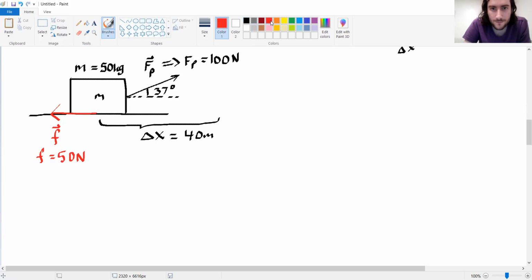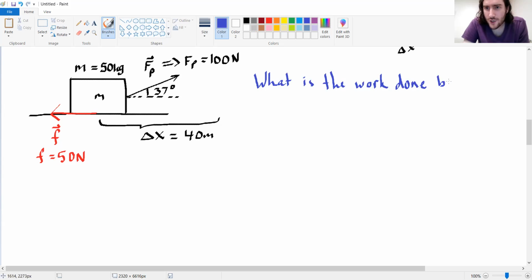Now, what's the question? So the question is, what is the work done by each force on the box or the crate?